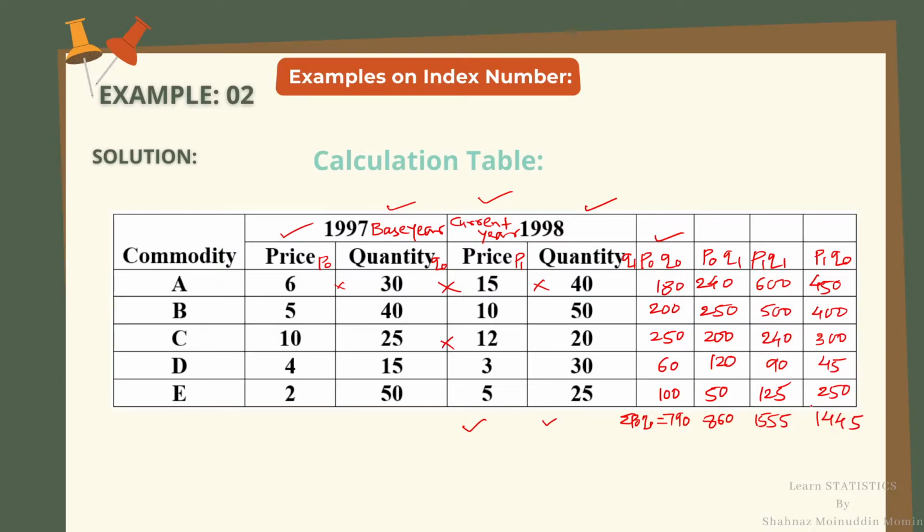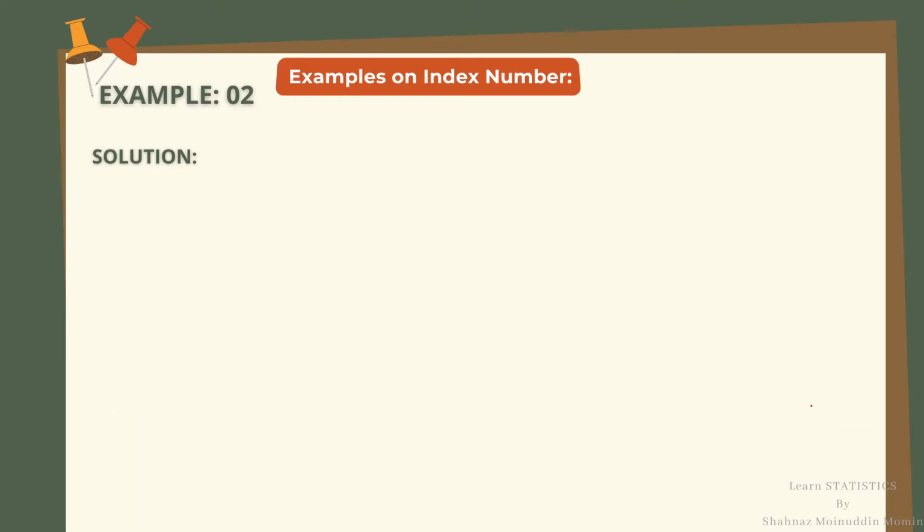Now we shall calculate the different price index and quantity index numbers. The first one is the Laspeyres price index. It is denoted by P01L, and it is given by summation P1 Q0 upon summation P0 Q0 into 100.